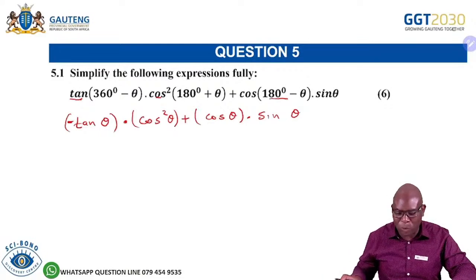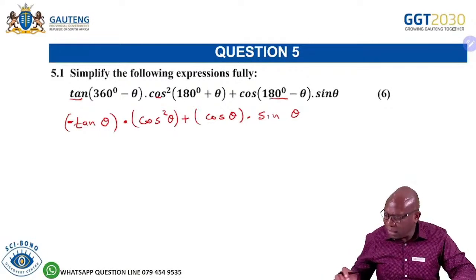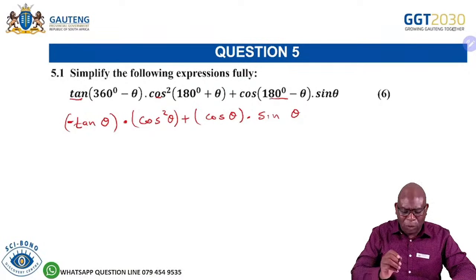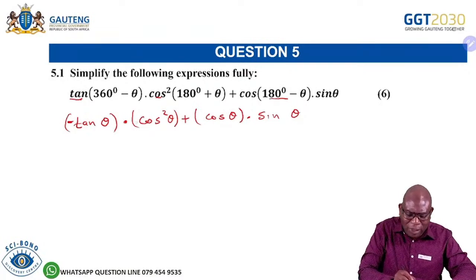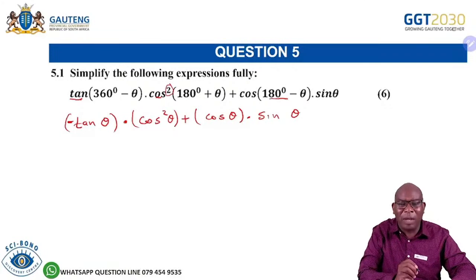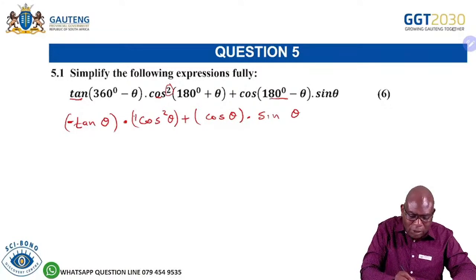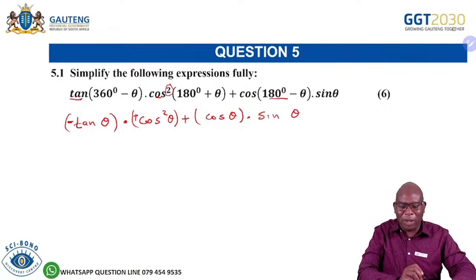Now let's go to the next one. 180 degrees, we say cos of 180 degrees minus 1, close bracket. What do you have? Negative. So again, we have a negative here. But yes, this one is squared. If I square a negative, what do I get? A positive. So I'm fine with it.